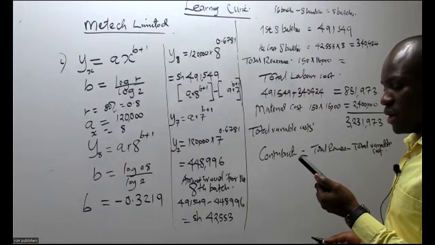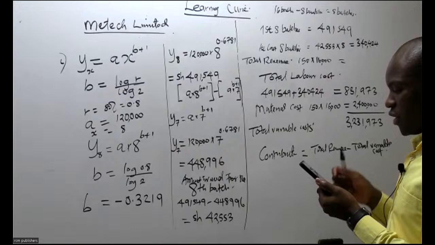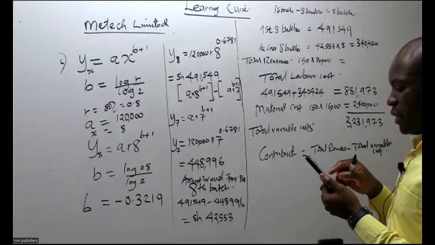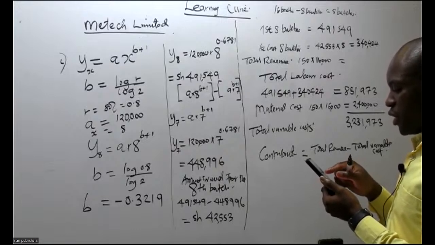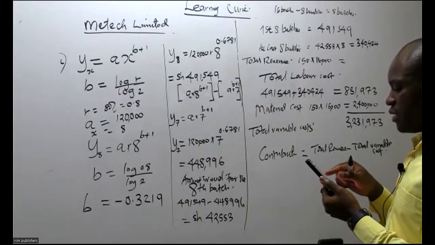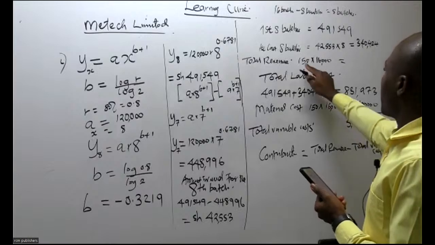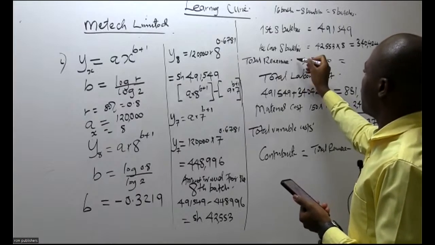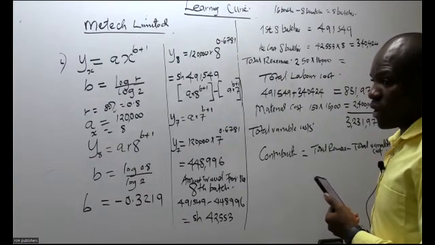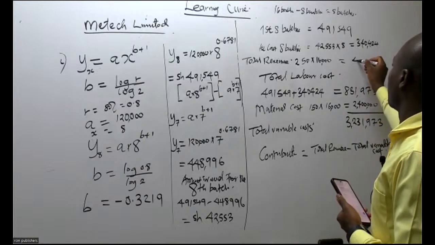Let me check the first paragraph: Metec Limited is in the process of developing a new product branded Valida. During its expected life, it is estimated that 16,000 units will be sold at a price of shillings 250,000. The selling price is 250,000. So how much do we have? 4 million.